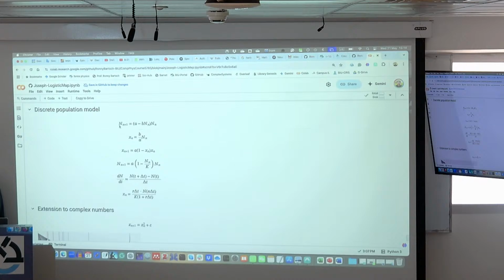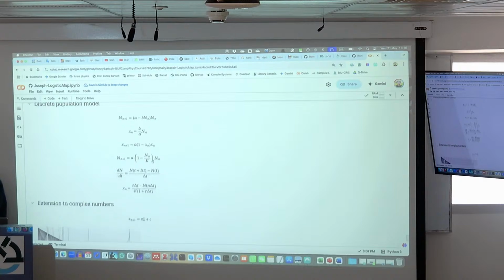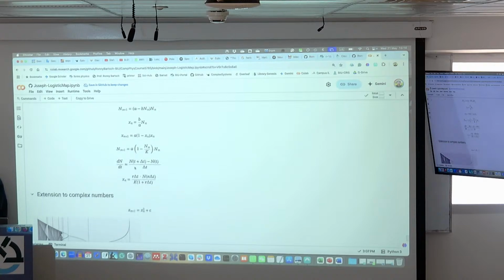Here is the population you get next, and here is the population now. If you set xn as this formula, you will get exactly the logistic map produce function. Then you can set it to a time-dependent function and get xn as a function of delta t and n.